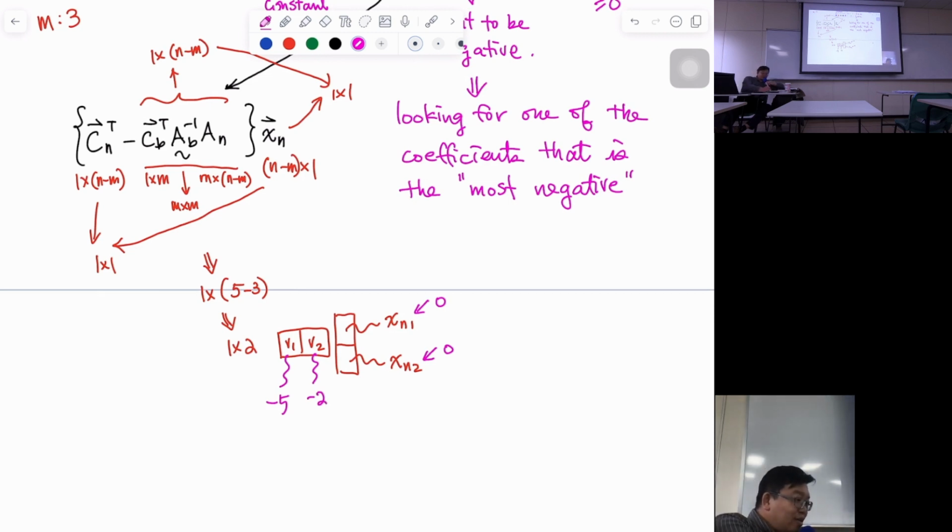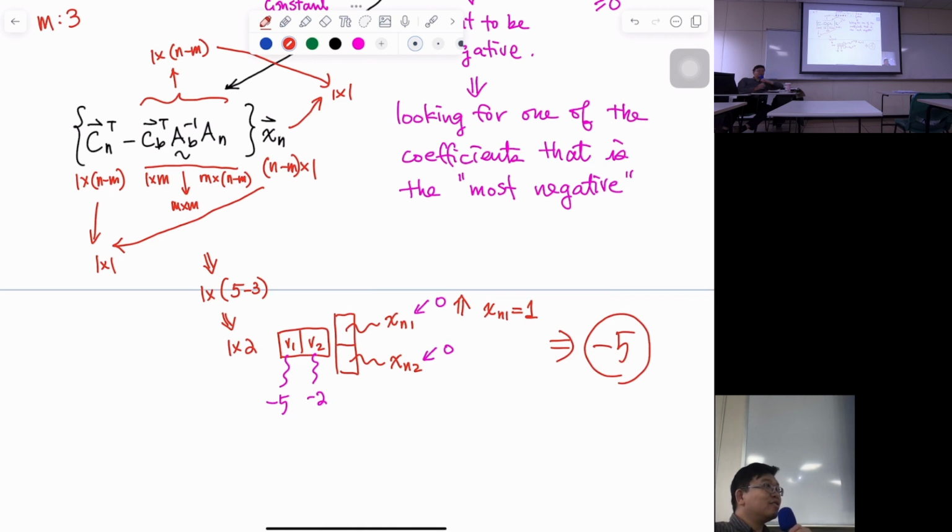So if I allow xn to have values larger than 0, if I increase the value of the first xn, so if I convert it to xn1 equals 1, in that case the whole thing becomes -5, right?